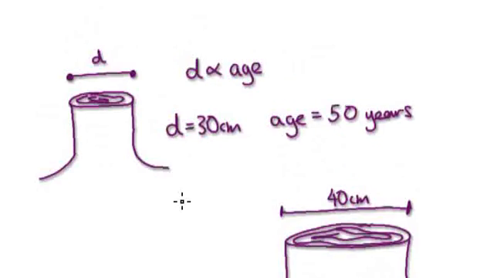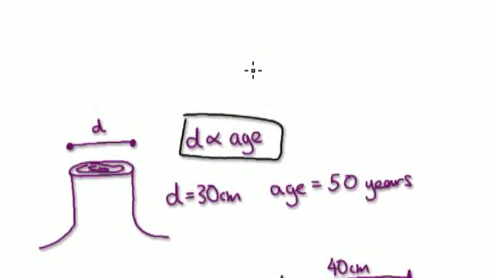Okay, so here's an example. What I do know is that the diameter of a tree trunk is directly proportional to its age. The minute I see this, D is directly proportional to age, I know it's going to be like this.